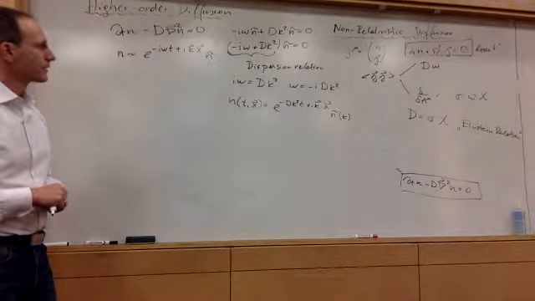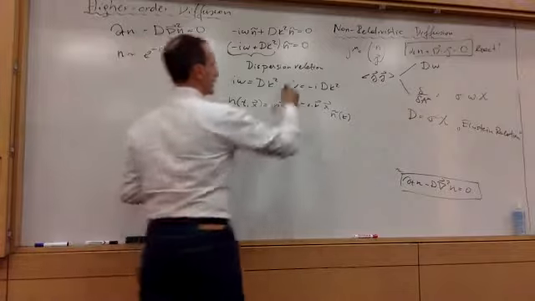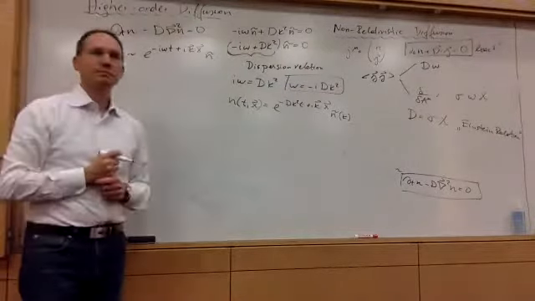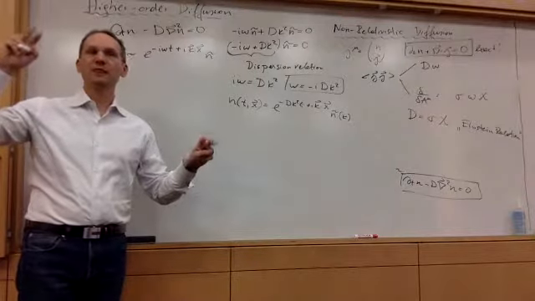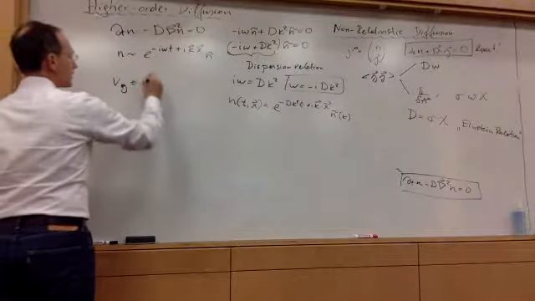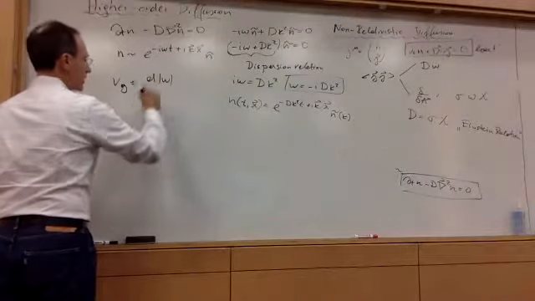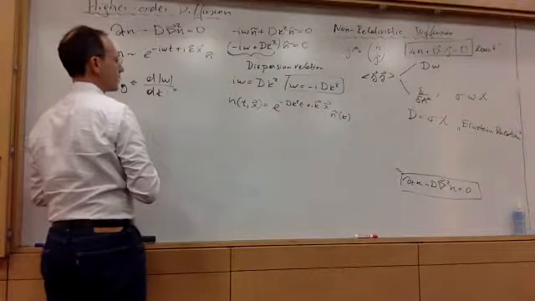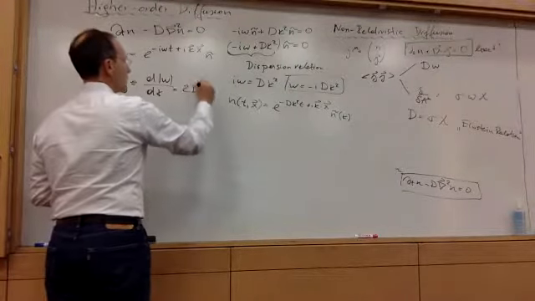If I look at this dispersion relation, I can calculate formally some sort of group speed. Define the group speed Vg as the absolute value of d omega, because it's imaginary, by dk. If I do this, I find that this is equal to 2dk.